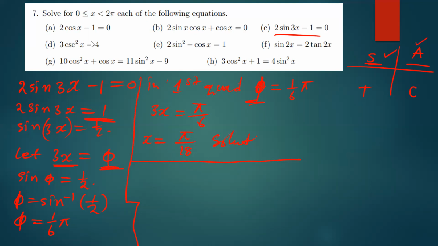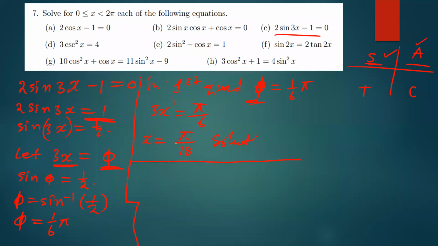If you want, you can solve it the way it is, but make sure that as you are solving, you don't use 3x in the process at any point. The only point where you are allowed to use 3x is after finding the reference angle, and then you quickly come and equate it to 3x. Yes, if you want, you can do that.